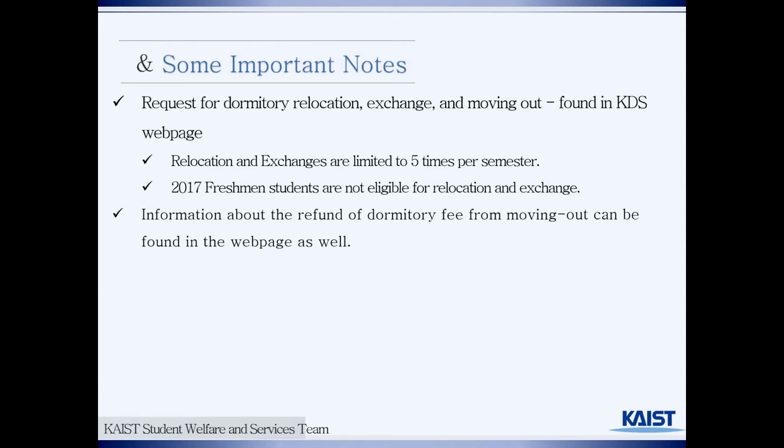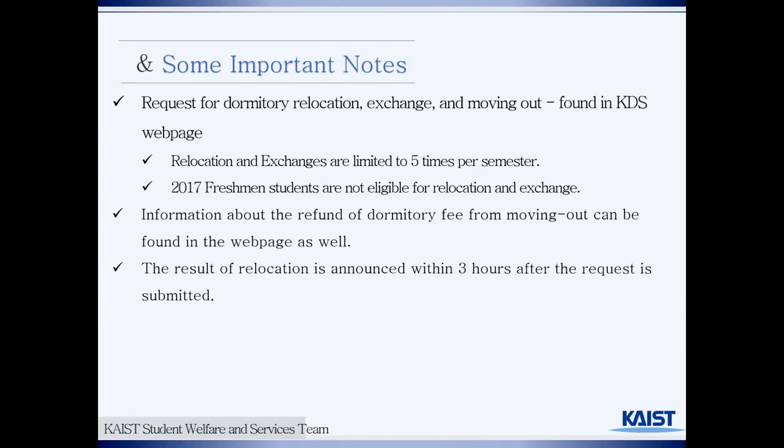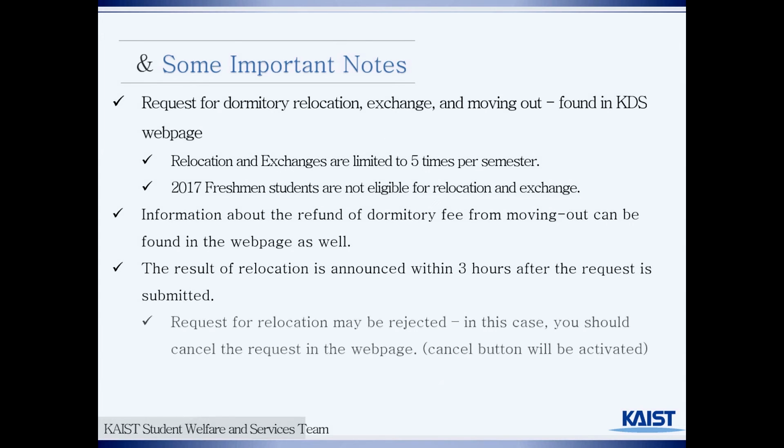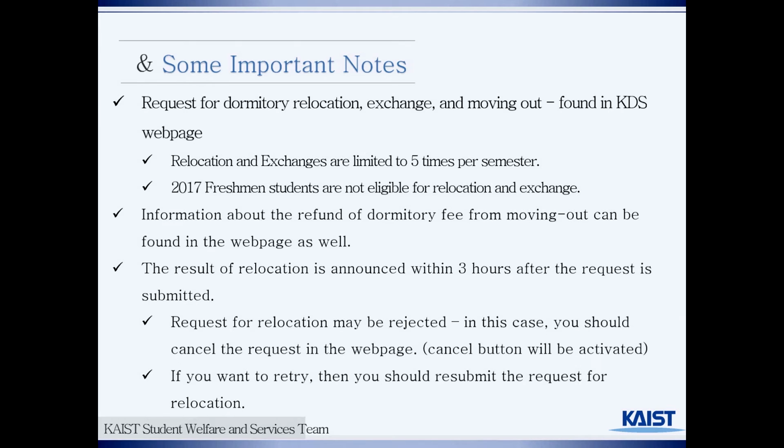Information about refund of the dormitory fee and moving out can be found on the webpage as well. The results of the relocation or exchange will be announced within 3 hours after the request is submitted. Requests for relocation may be rejected, in which case you should cancel the request in the webpage where the cancel button will be activated. If you want to retry, then you should resubmit the request for relocation.